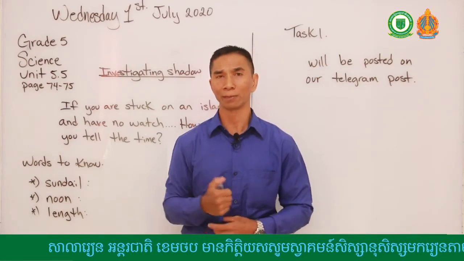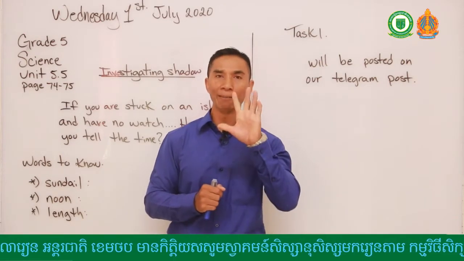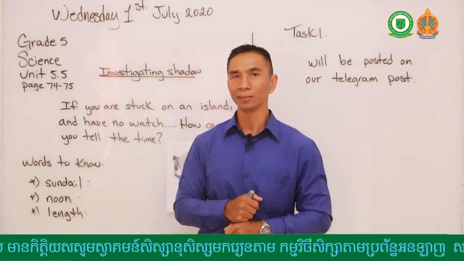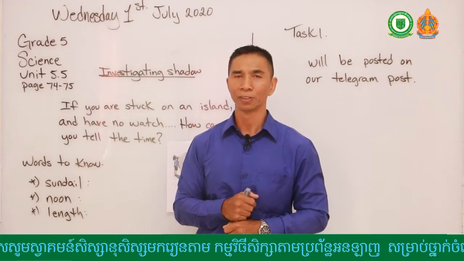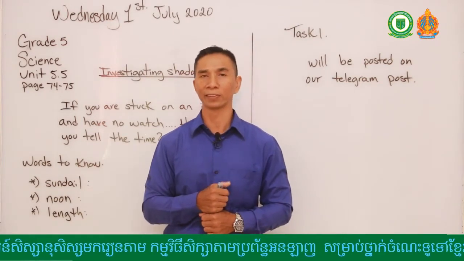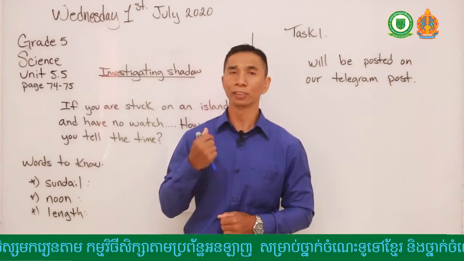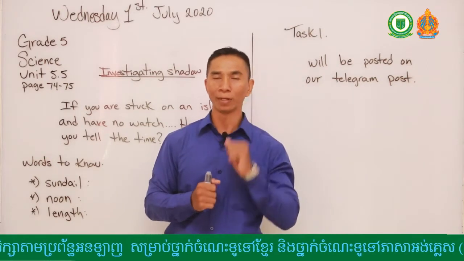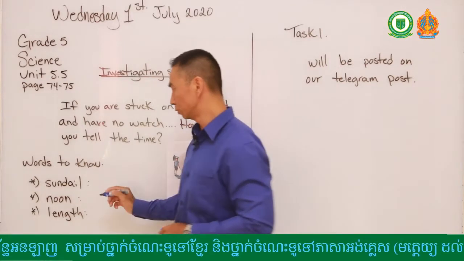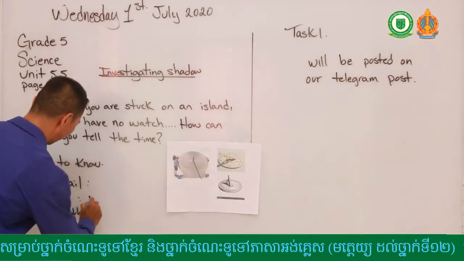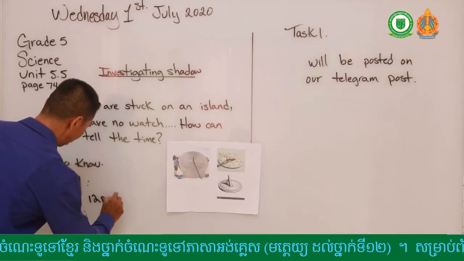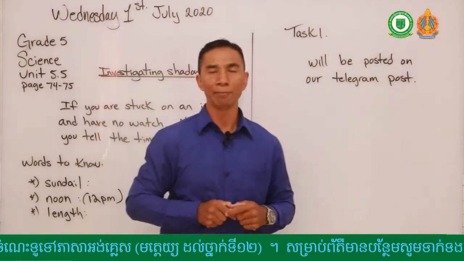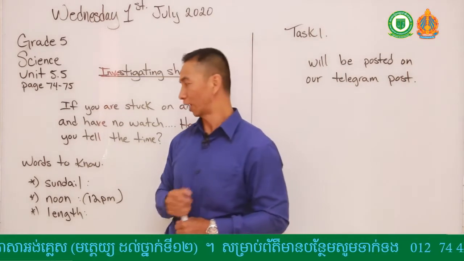Is it 11:50, 11:51, 11:52, or is it 11:55? If you say it is 11:55, you are correct, because we have 5 more minutes till 12. Noon means 12 p.m. So if I say 5 minutes till noon, it is 11:55.